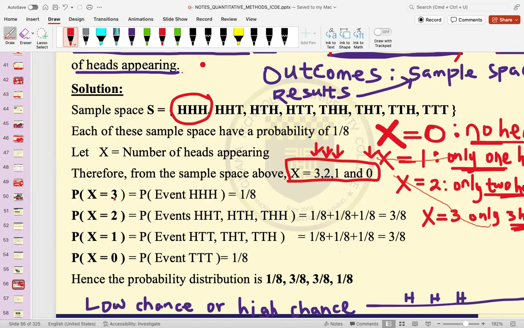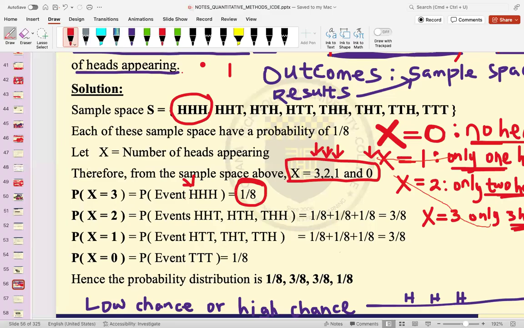So probability of 3 heads can only be represented by event H, H, H. How many of this triple H are you having here? It's only one. How many possibilities are you having? You have 1, 2, 3, 4, 5, 6, 7, 8. So this will be 1 out of 8. And that is what you are seeing here.